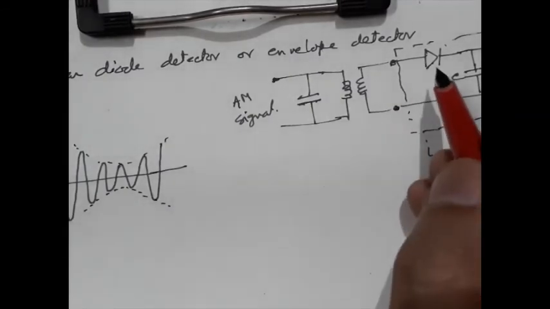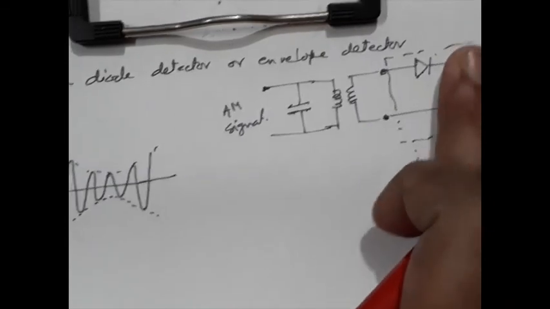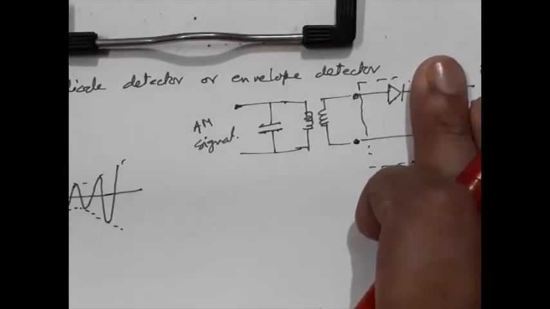Now let us try to understand the operation of this circuit one by one. So first consider there is no filter, only the diode is there.